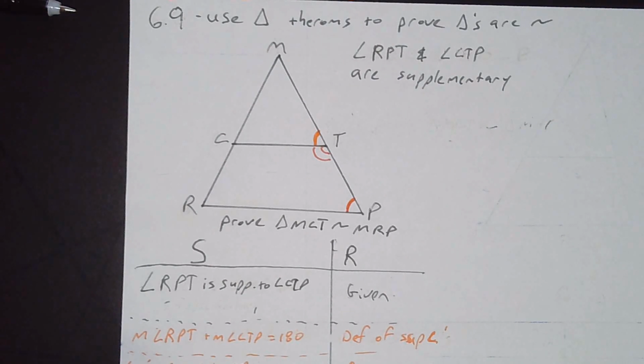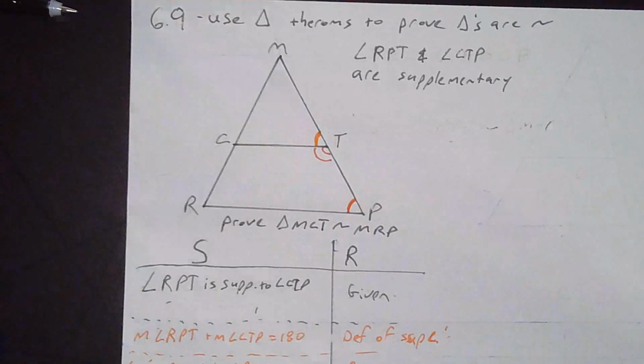Where can I go from here? What am I trying to solve here? I want to get two angles that are the same. I already have one angle the same, or maybe I can get two sides the same, but two angles are the best way to go here.